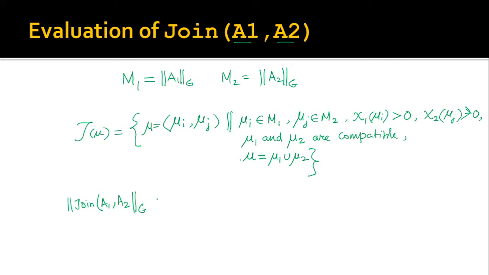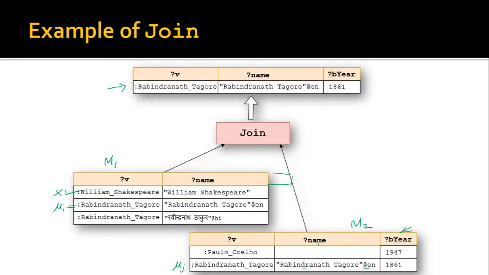Now this should be, again, a multiset, right? And how do we represent a multiset? Mu, n, right? And here we will be defining what would be the value of n. So basically, if you go back to the last slide, here you have Rabindranath Tagore once and Rabindranath Tagore once. And how many times are you getting this Rabindranath Tagore as an entry here?